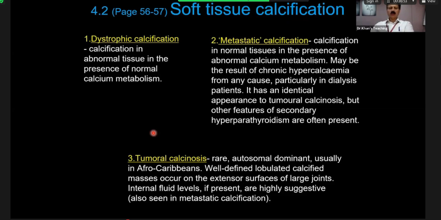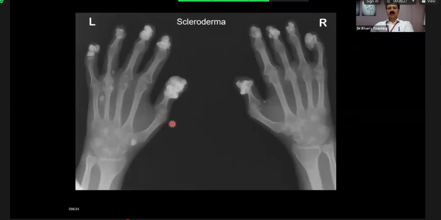It is rare, autosomal dominant, usually in Afro-Caribbeans, where you see well-defined lobulated calcifications overlying the external surfaces of large joints, and sometimes fluid levels can be seen. So I want you to remember this.